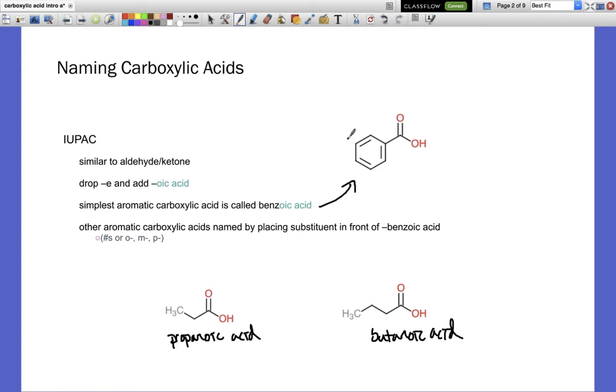Just remember that if I was to add a substituent to this benzoic acid, let's say I was going to put a hydroxyl group here off of that ring, as well as my carboxyl group over here, right? This would just be called now maybe a 3, maybe an O hydroxy benzoic acid.